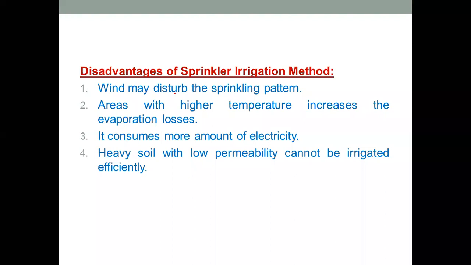So it may happen that only one side of the crops is irrigated while the other side is not irrigated. So that is one disadvantage.